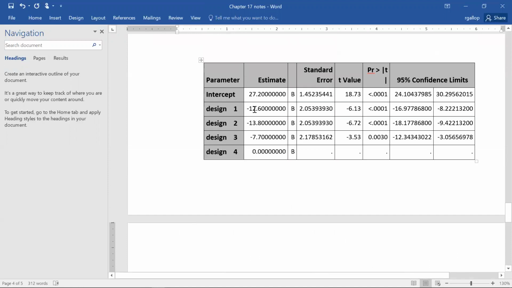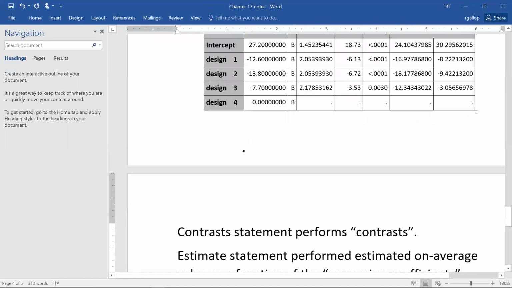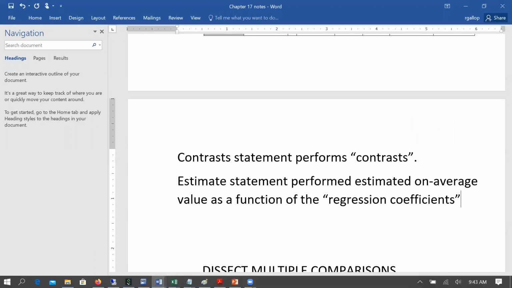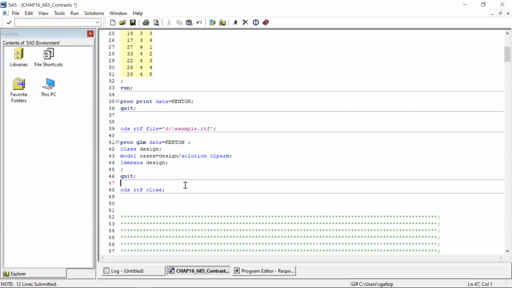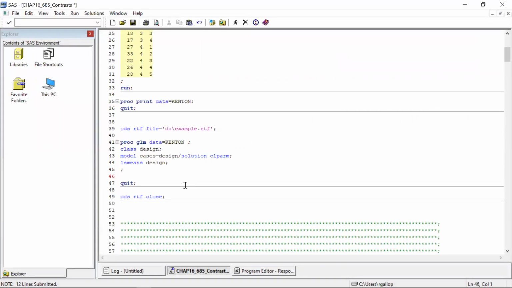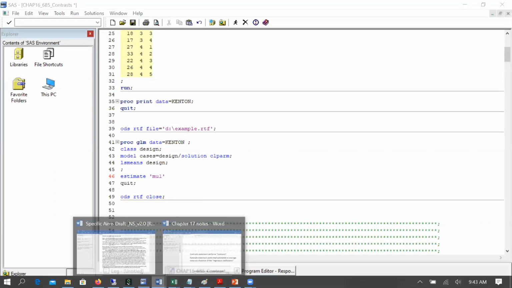And by the regression coefficients, I mean in this table. So for us to do this, we're going to go this way here. The first thing I'm going to do is use the estimate statement. Now you see it's in blue. Like the contrast, it has a label with an apostrophe. I'm going to call this mu1. So for mu1, to get this estimate, I would go back to the parameterization.